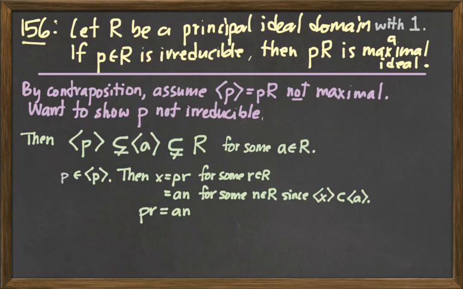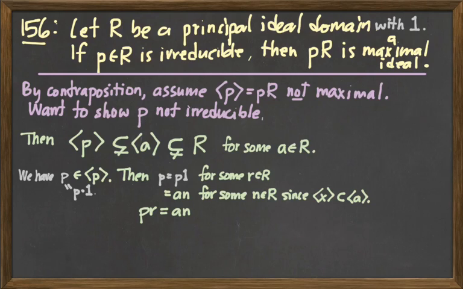So because R now has an identity, the ideal generated by P is equal to P times some R, where R is an element of R. But since the identity is in R, that means we can just do P times 1. Okay. And so P is equal to P times 1, which is why it belongs to its own ideal.